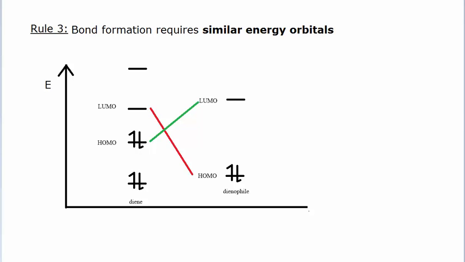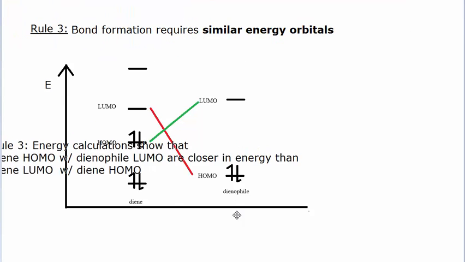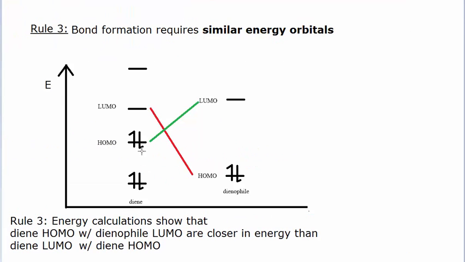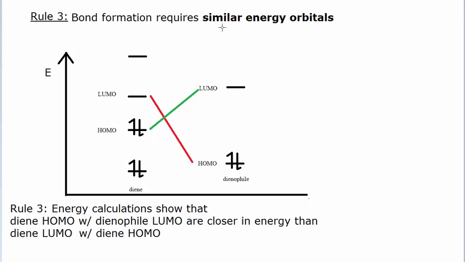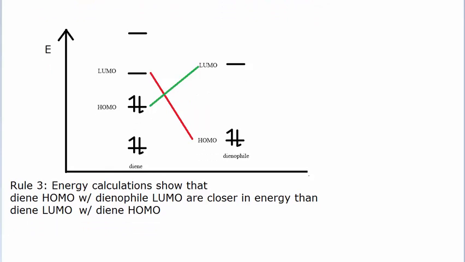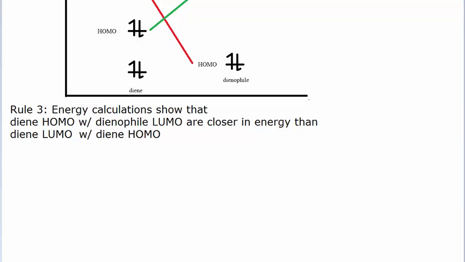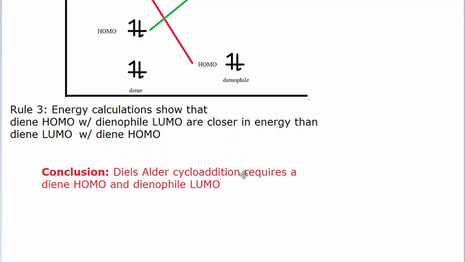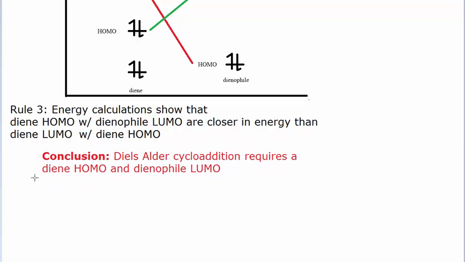So this actually comes from calculations, but what it shows is that the green combination, the HOMO of the diene with the LUMO of the dienophile, is lower in energy. What that means is that they're more similar in energy as far as the orbitals goes, which allows us to make the final conclusion that for the Diels Alder reaction, you are going to need to look at the diene HOMO and the dienophile LUMO.